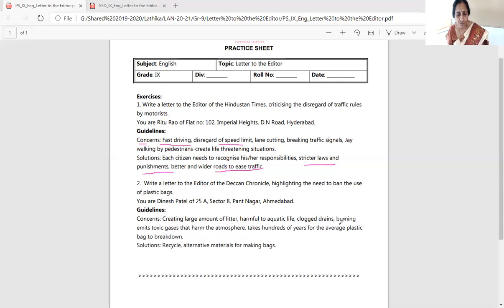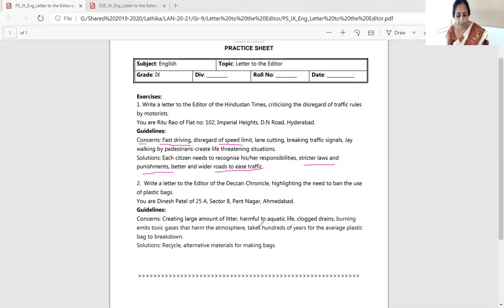And of course, it is not possible to totally ban it, but we can reduce the use of plastics wherever possible. So they've given you solutions like you can recycle the plastic, use alternative methods or materials for making carry bags.